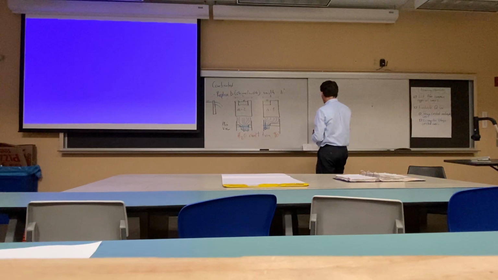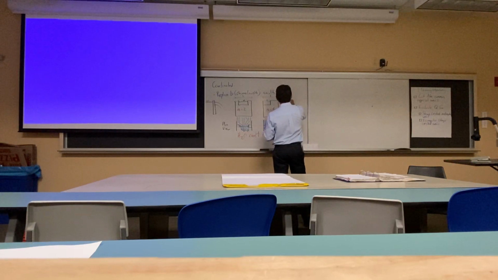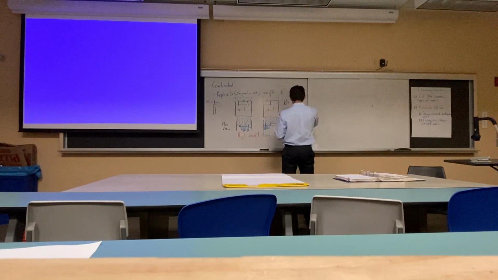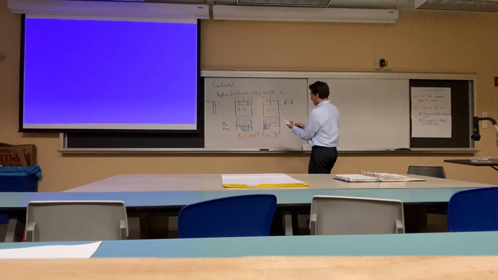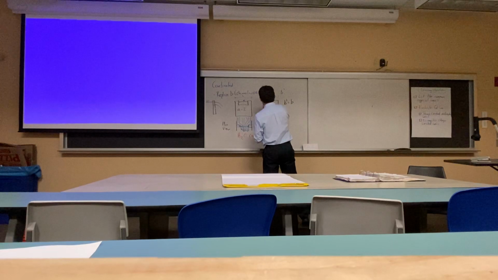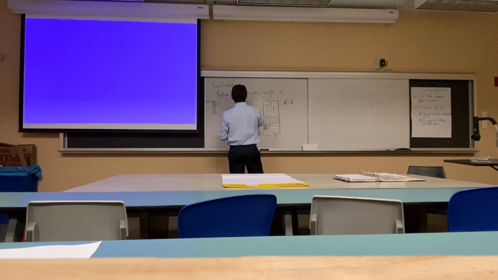So our correction equation is going to look like this. Our B prime is going to be B. Now, is that going to be the width of the entire channel, or the width of the weir? It's probably the width of the weir. Yeah, it's the width of the weir. So we're not going to be using this B. We're going to be getting that B from here, and from here.